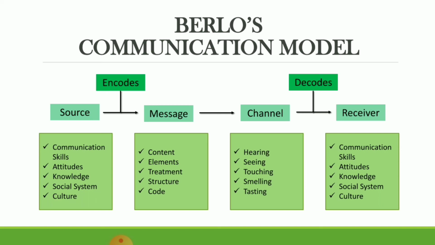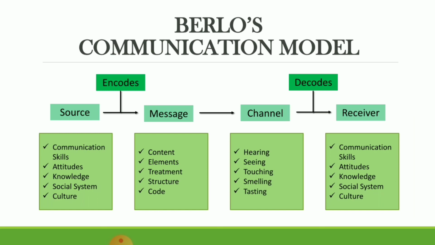The second variable, which is message, includes content, elements such as the language used and gestures employed, treatment or the manner by which the message is transmitted, and structure, which refers to the arrangement of parts or flow of the message.